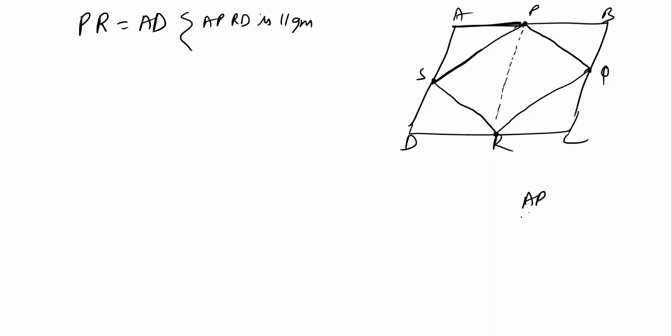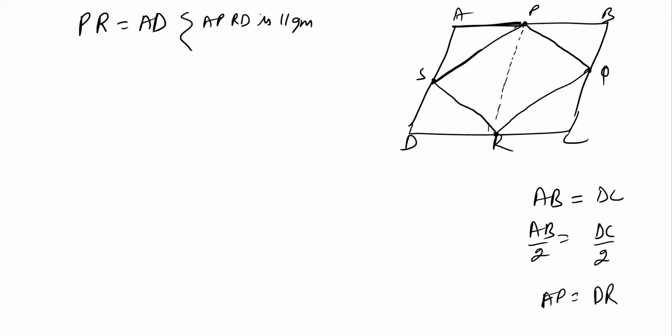Since AB is equal to DC, half of AB will also equal half of DC because it is a rhombus. Half of AB can be written as AP and half of DC can be written as DR.